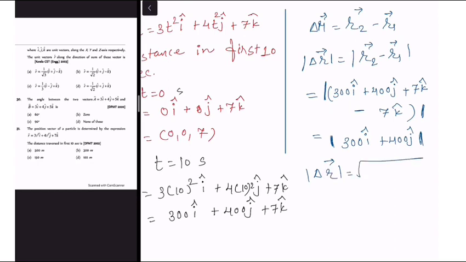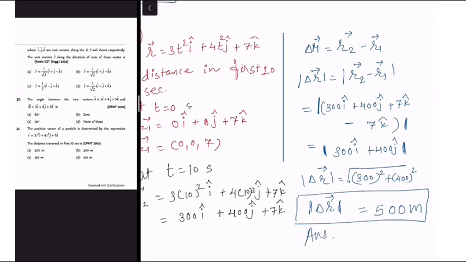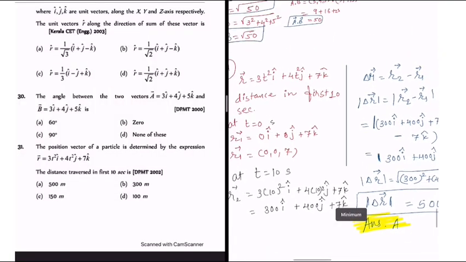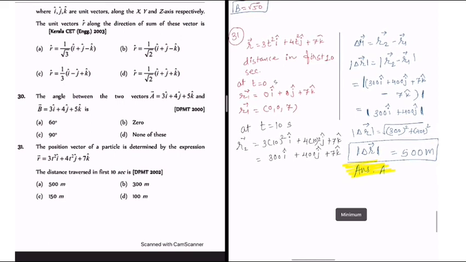Can be written as under root 300 square plus 400 square, delta R mode 500 meter. Okay, this is your answer. What is the answer? Does it come the same in all of them? Okay, done. Let's go. Answer is A. Check question number 30 yourself. Let's see the next question.